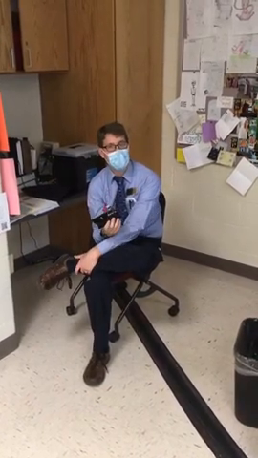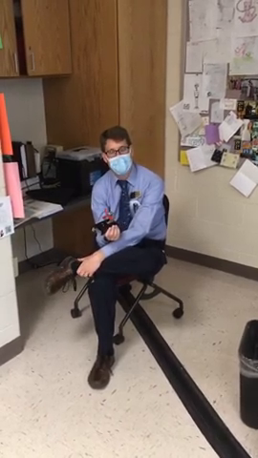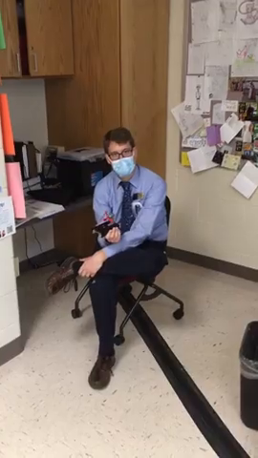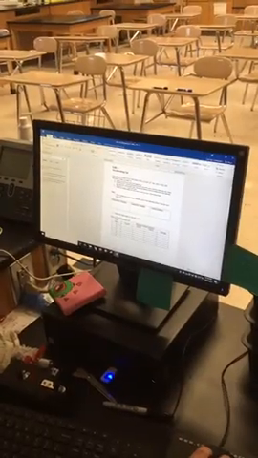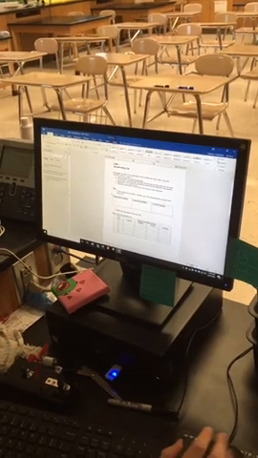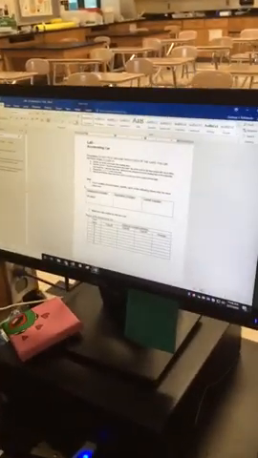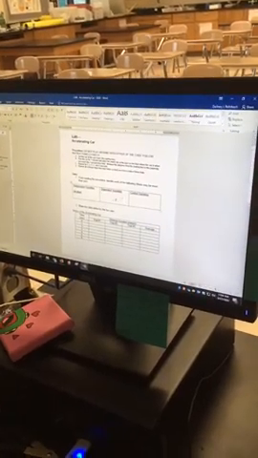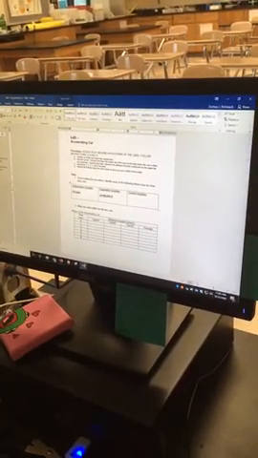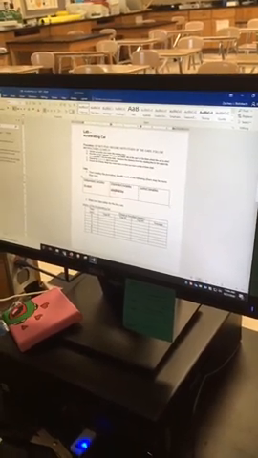With that in mind, go ahead and fill in the table for what types of variables we're looking at in this lab. Looking at your Word document, tell me the independent variable, so what are we controlling, and you'll type that there. Your dependent variable, you'll type that there. Your control variable, you'll type that here. That's what I'm asking you to do for the first part.